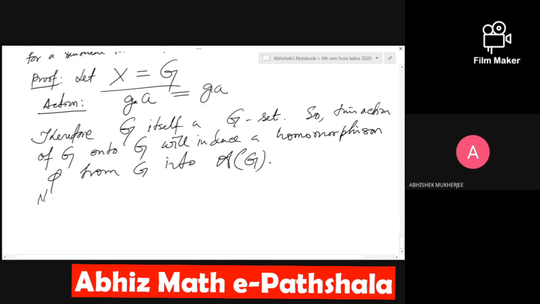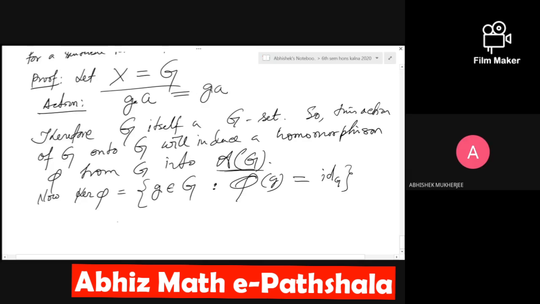Kernel phi is the set of all those elements of the group G for which the map phi of g will be the identity element of this group. Now what is the identity element of this group? It is the identity map on G.